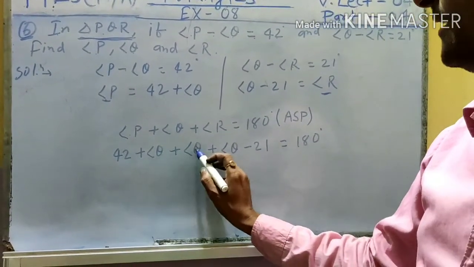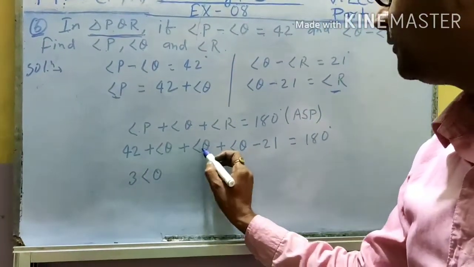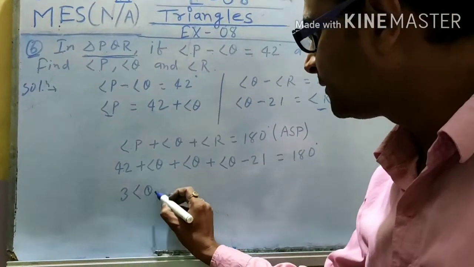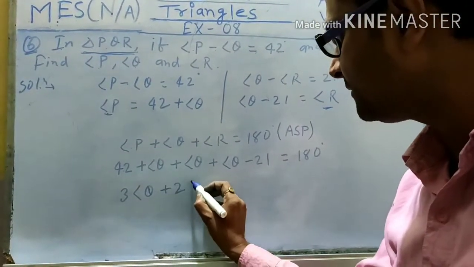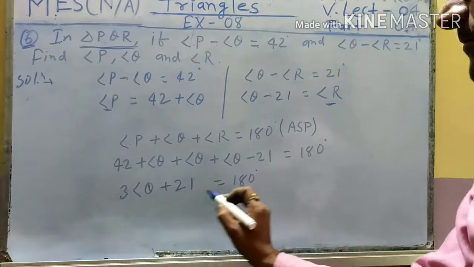Angle Q, angle Q, angle Q, we can write 3 times of angle Q. Here 42 and 21, so plus 42 minus 21 is equal to 180 degrees.